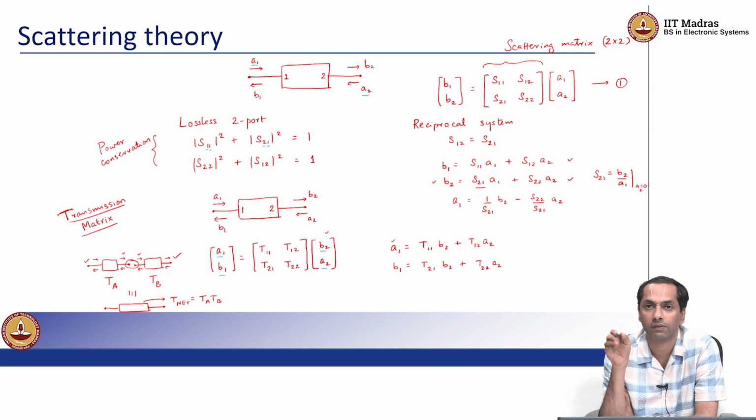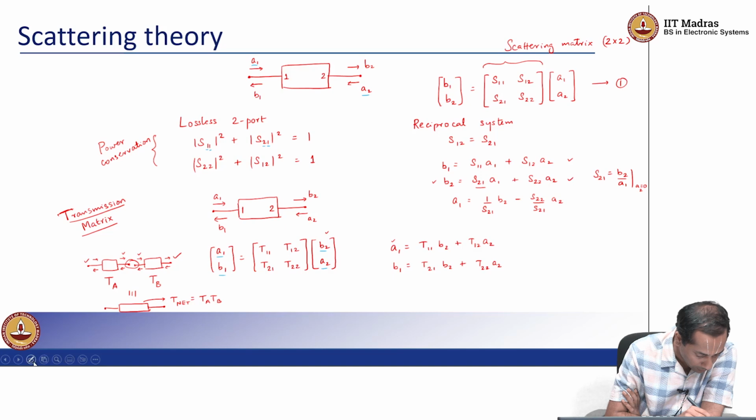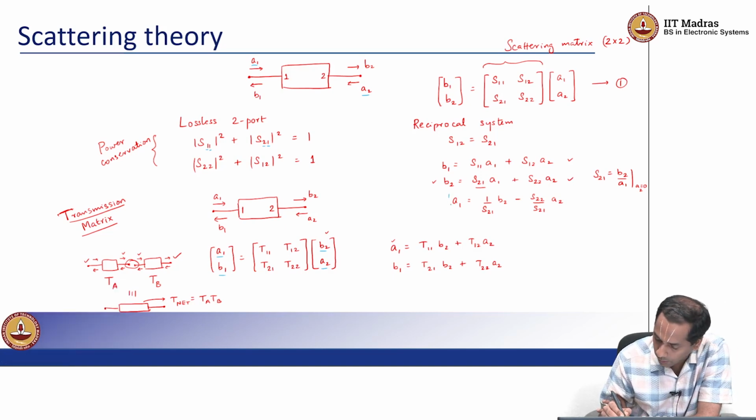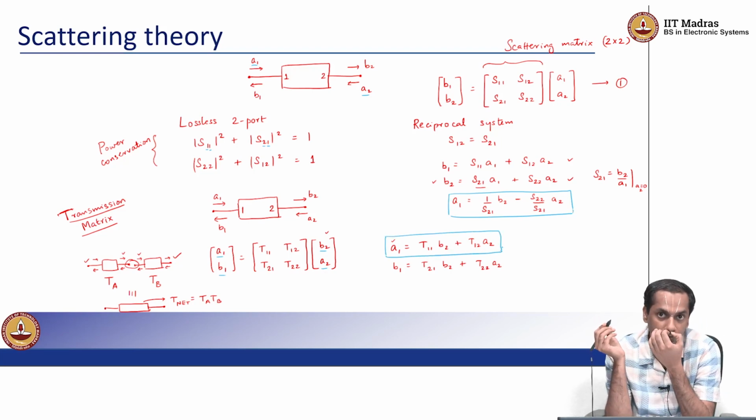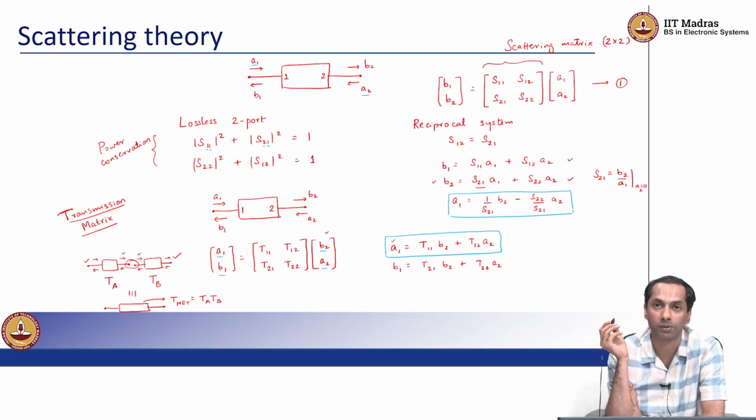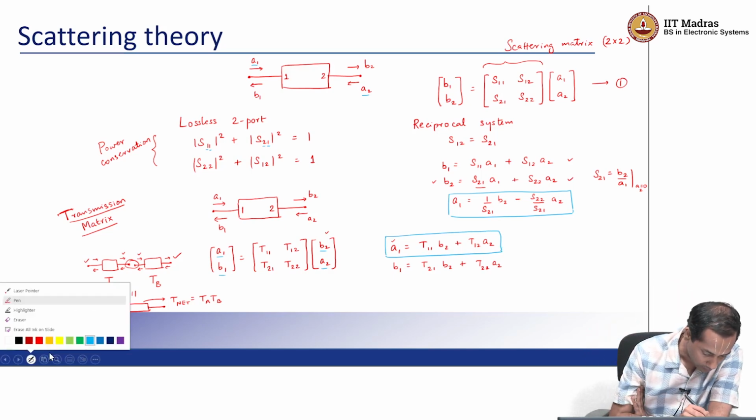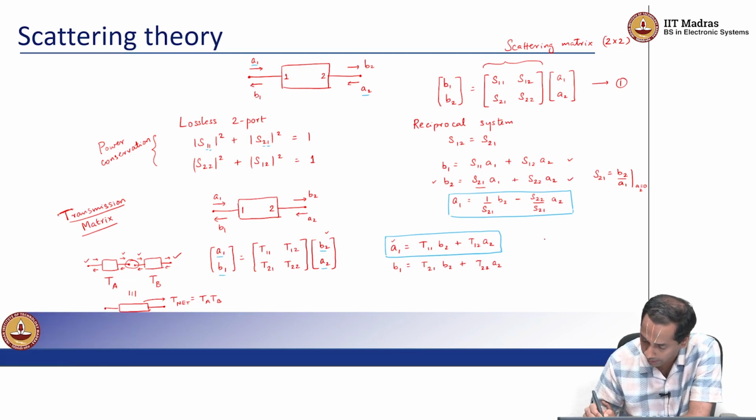So I now have A1 on the left hand side and B2 and A2 on the right hand side. I am just going to compare this equation and this equation, and I am already readily getting the relationship between some of the elements. So T11 is simply 1 over S21, and T12 is minus S22 by S21.